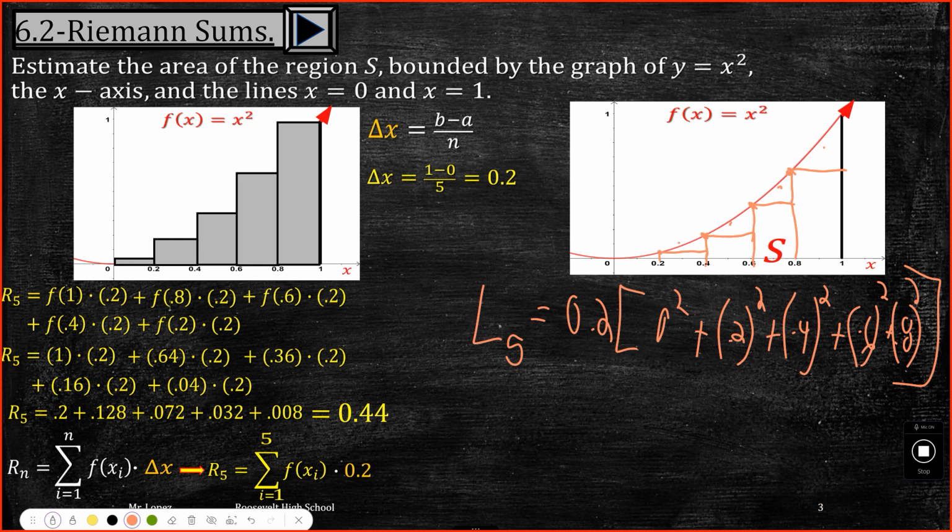What are you getting? 0.24. This is an underestimate.